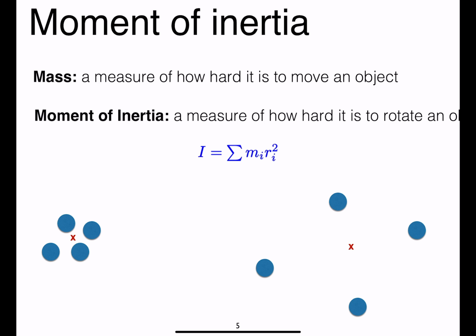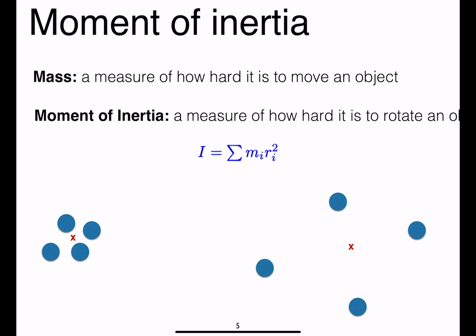The next one is moment of inertia. When we talk about mass, mass determines how hard it is for an object to move. Moment of inertia determines how hard it is to rotate an object. With rotational inertia, if the mass is distributed far away from the center, it's harder to rotate.